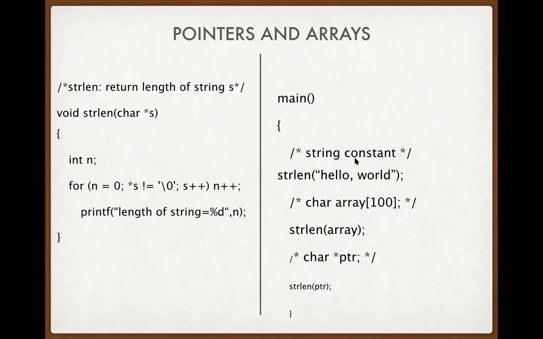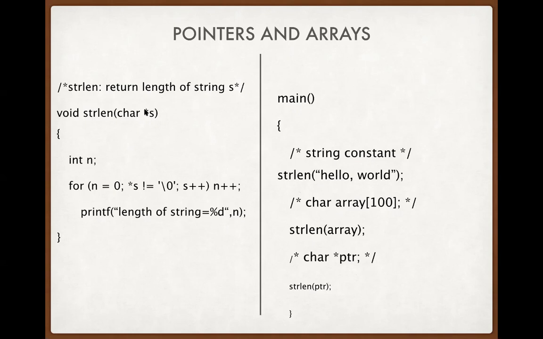When I'm going to pass the string constant, here S will be pointing to the base address, the first element, right? The address of the first element of the array. When I'm passing this as a character array, when I just say the array name, you all know that array name means the base address. Now when it's a pointer to a character, we know that PTR is a pointer which is going to store the base address of the string.